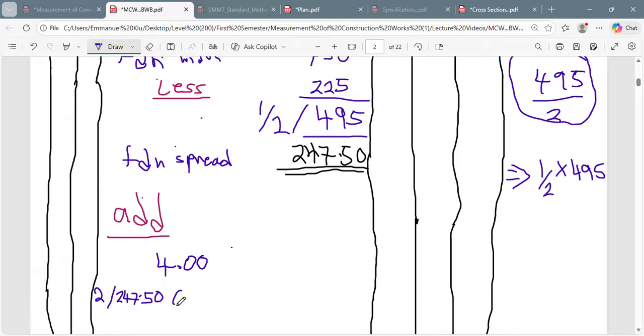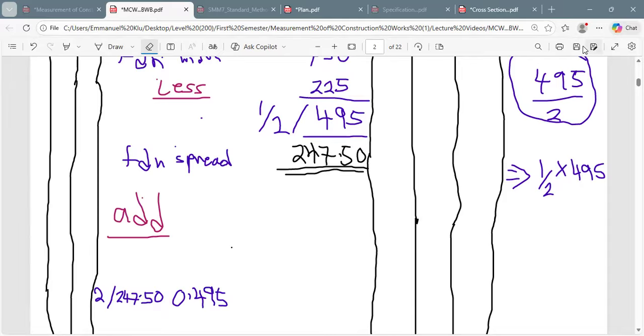That is the same as 0.495. Yes, 0.495, because it is the same as this answer I had over here, but just that in this case, because the 4.00 is in meters, I have to change this also into meters so that my work can be more logical.